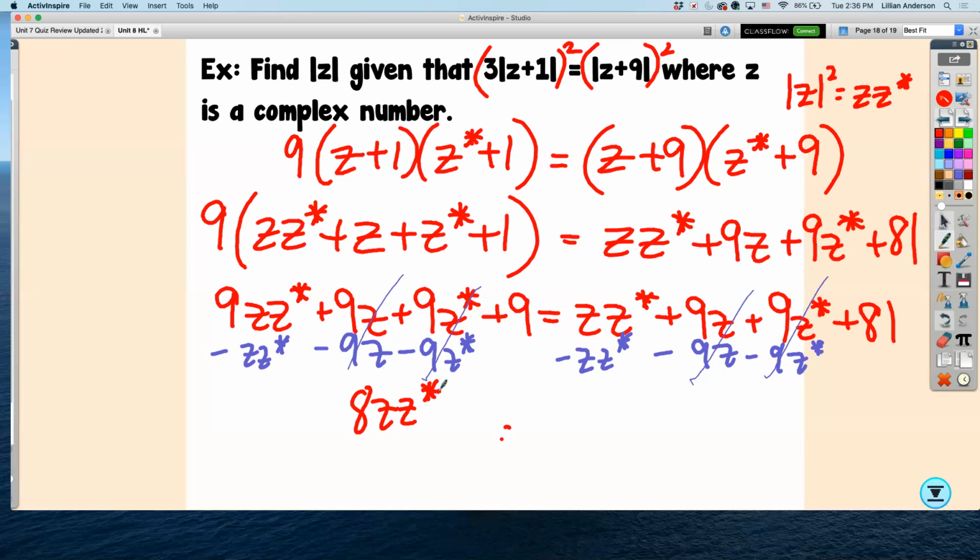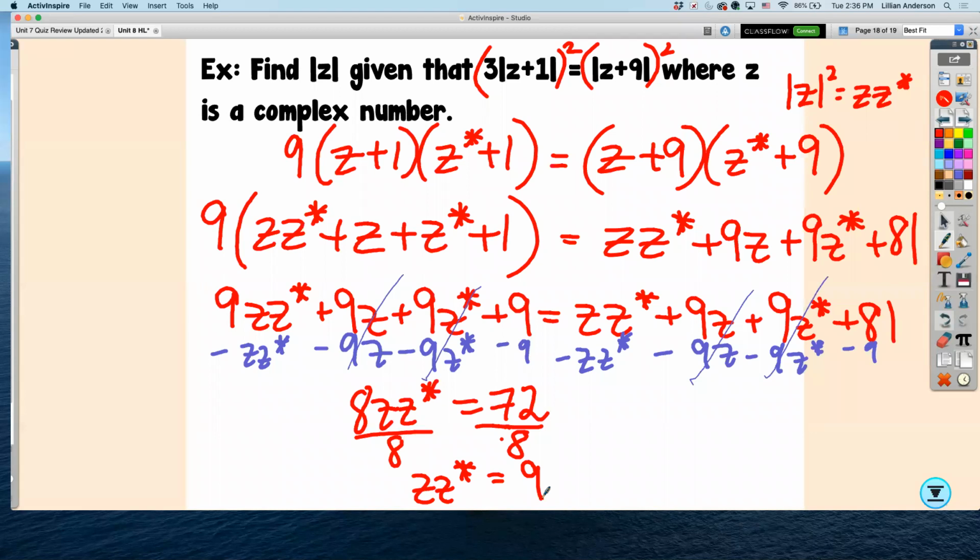What about the 9 and the 81? So I'll subtract the 9 over to get 72. So this equals 72. Then what can I do? Divide by 8. So z times z conjugate equals 9.